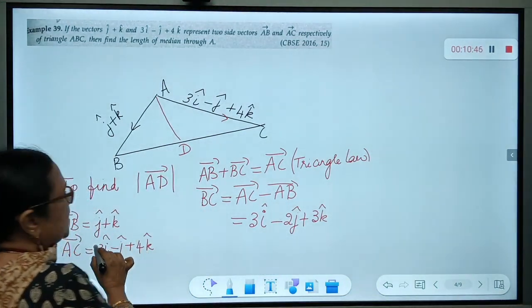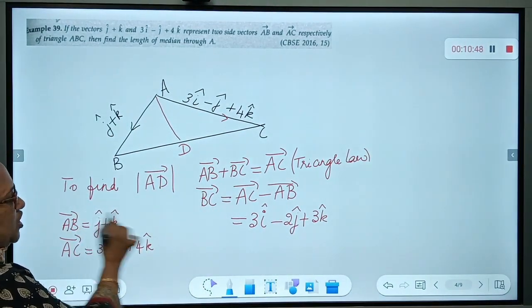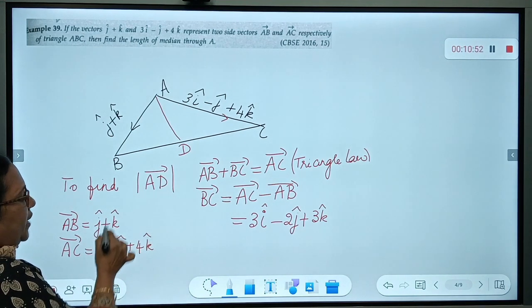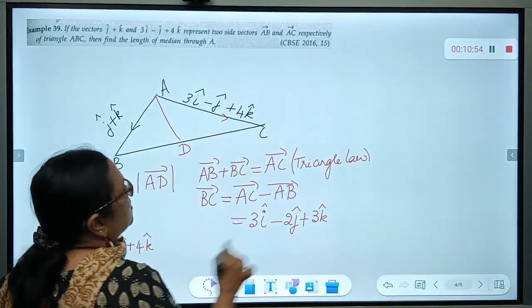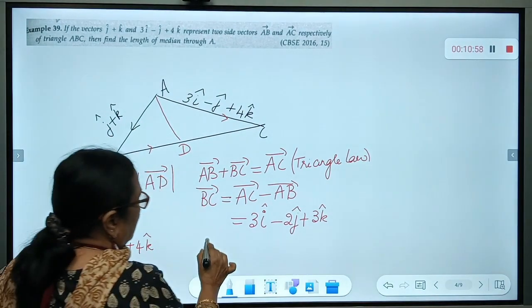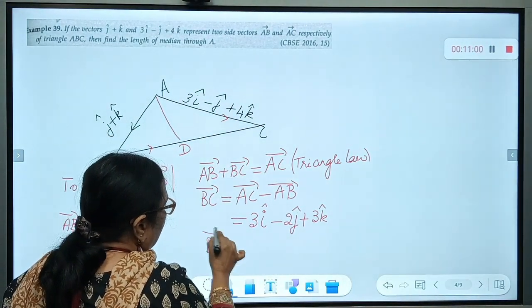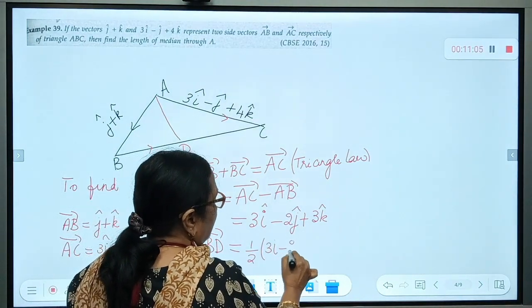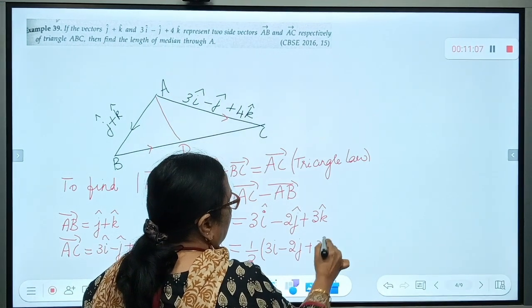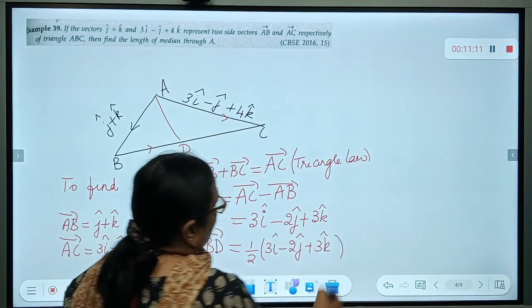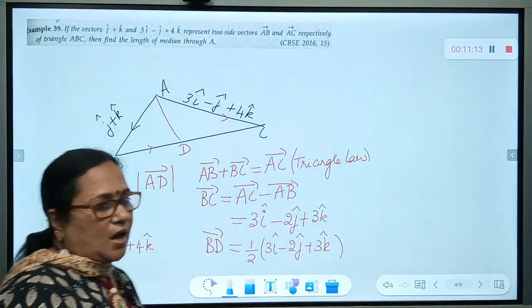Therefore, AC minus AB will be 3i minus 0i, which is 3i, minus j minus 2j, 4k minus k, 3k. So, this is BC. Now, I want to write down what is BD vector. Now, BD vector will be half of 3i minus 2j plus 3k. Why? Because D is a midpoint of BC. So, BD vector is half of that.